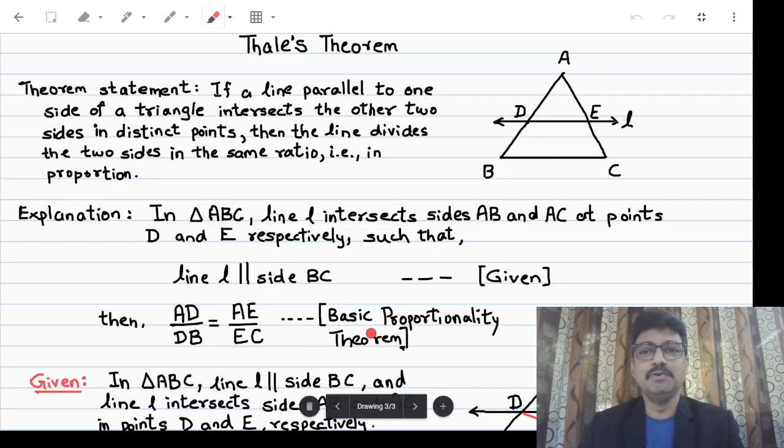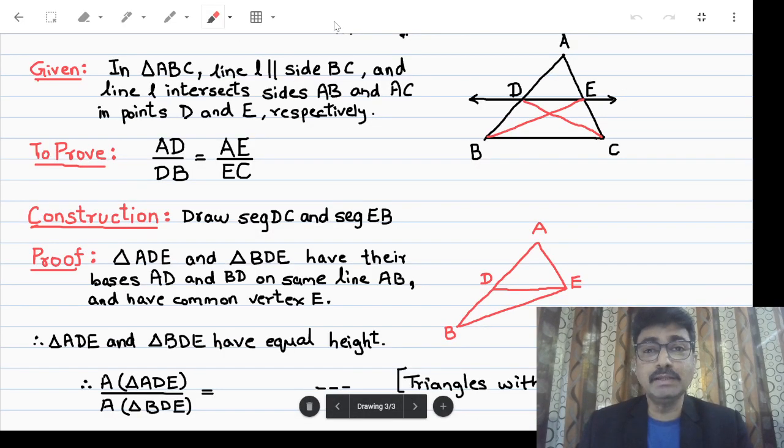Let's now prove the basic proportionality theorem. The theorem states that a line parallel to one side of a triangle intersects the other two sides in two distinct points.